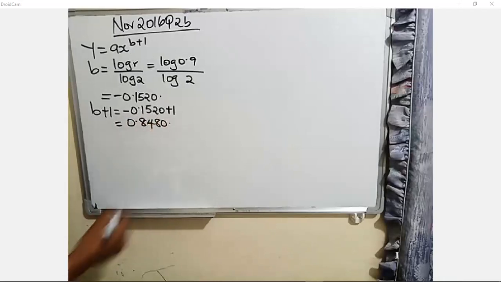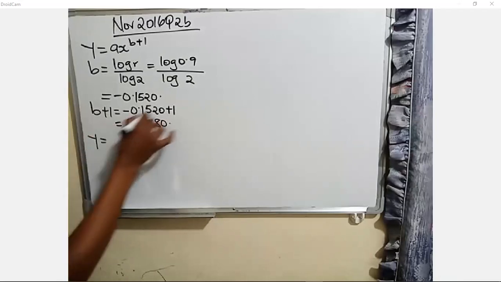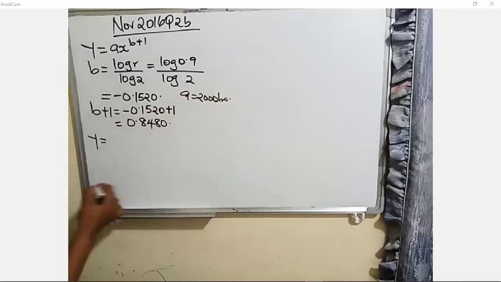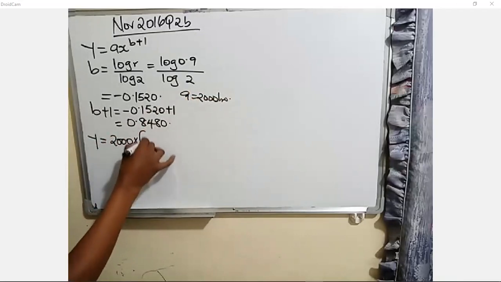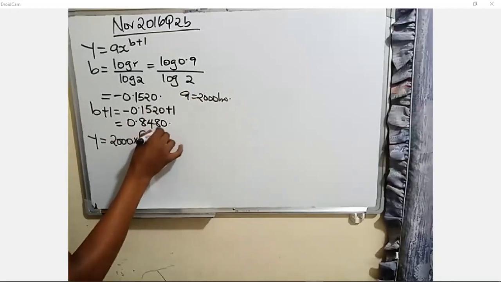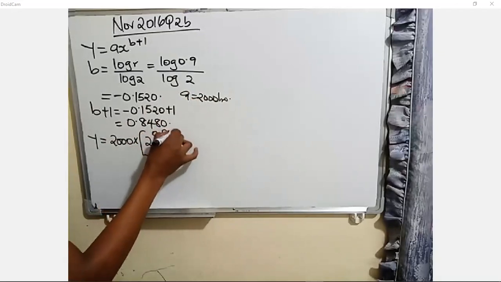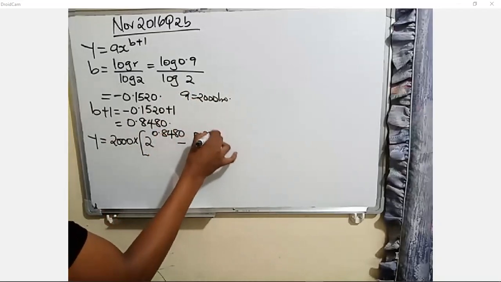Thank you. So to get my total labor hours, the a, remember our a is 2,000 hours. So it will be 2,000 multiplied by 2 raised to 0.848 minus 1, 0.848.